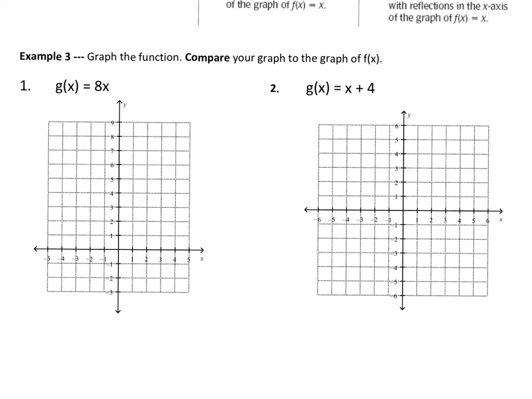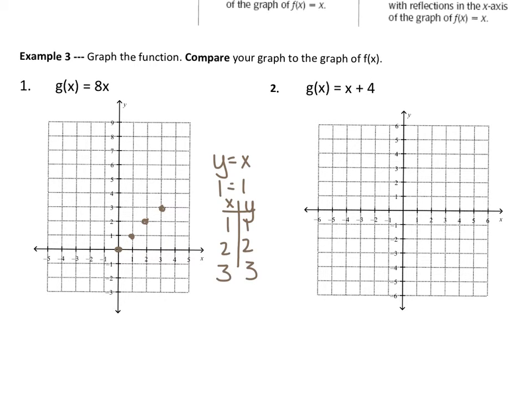I'm going to do my parent function in one color, and I'm going to do my best here with my iPad. But when you graph your parent function, it always starts at the origin. So that's your point 0, 0. And then if you remember, your parent function is y equals x. So when x is 1, what does y need to be? It needs to be 1. So if I make a table here, if x is 1, my y is 1. If x is 2, what's y? You guessed it, 2. And then if x is 3, y is 3, right?